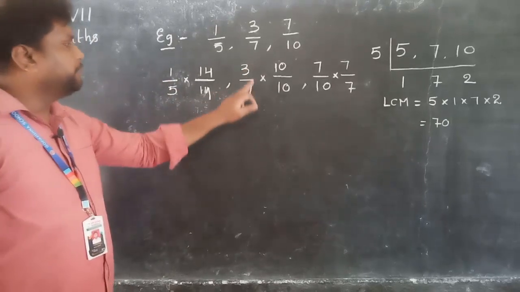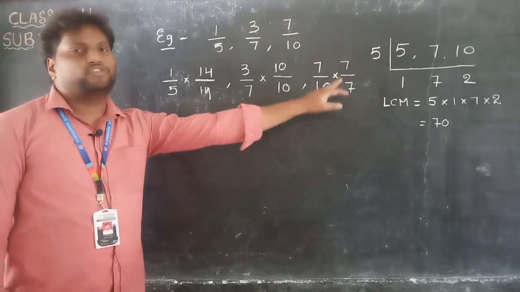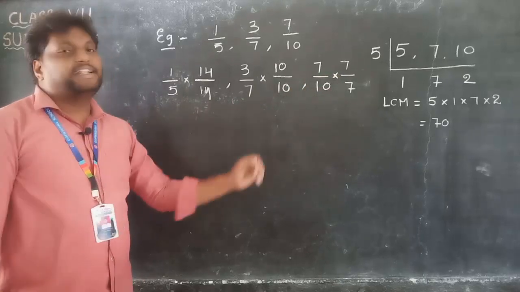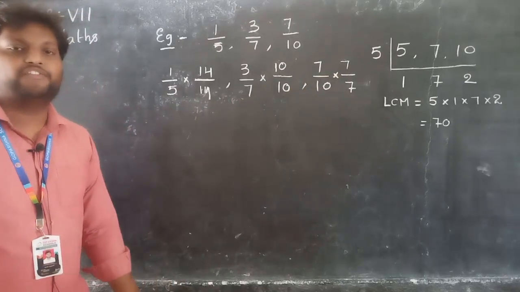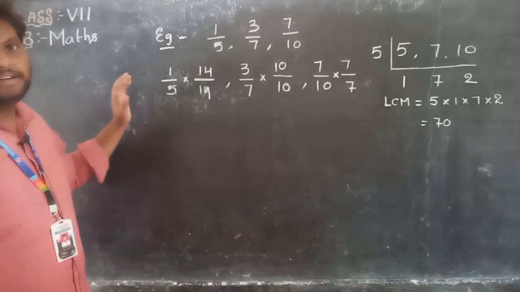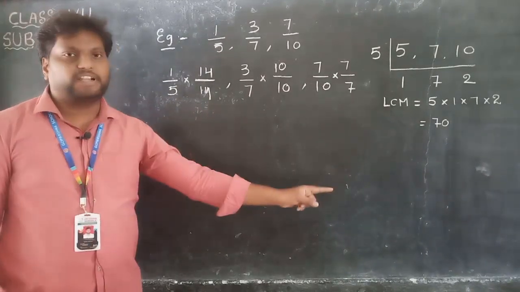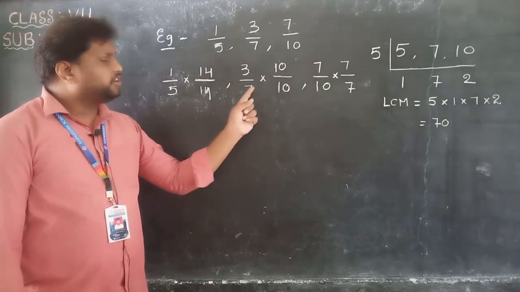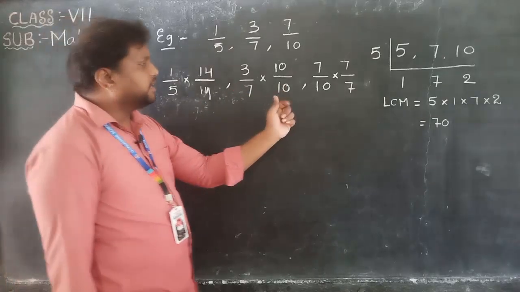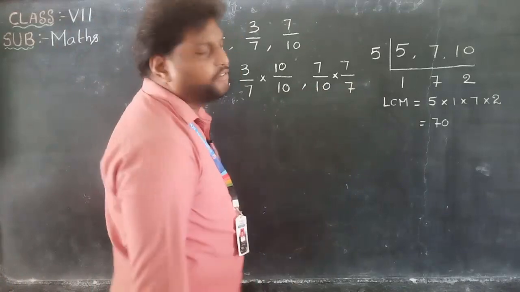Like that, 3 by 7 into 10 by 10, and 7 by 10 into 7 by 7. Here we are taking different values because they depend upon the denominator. 5 into 14 gets 70, 7 into 10 gets 70, and 10 into 7 gets 70.